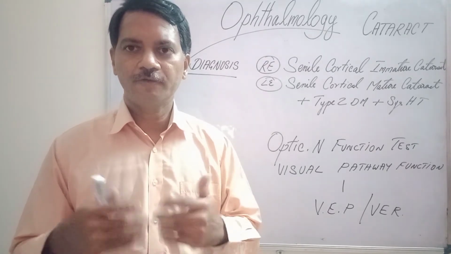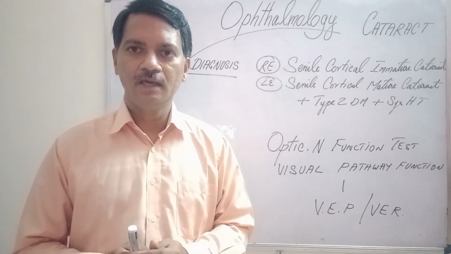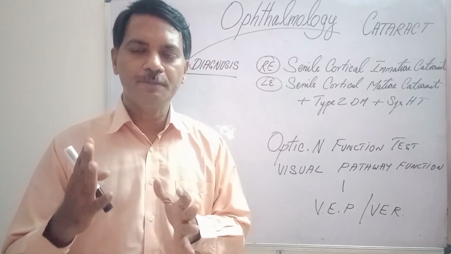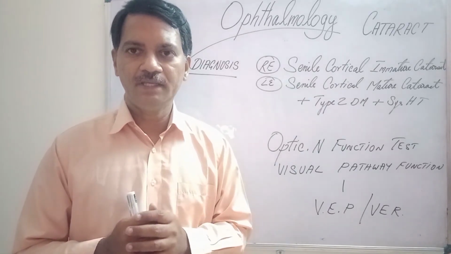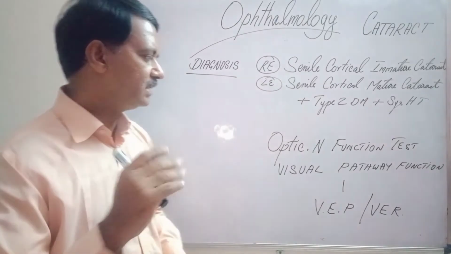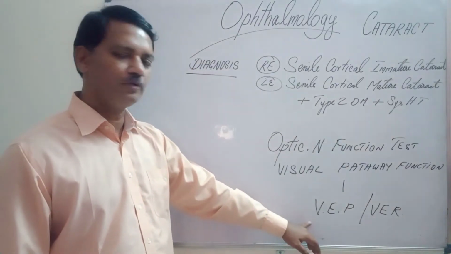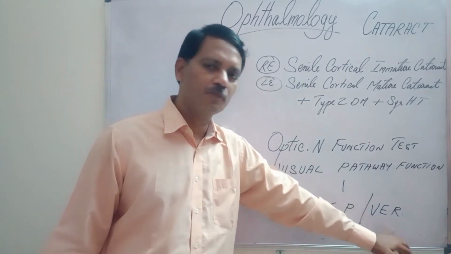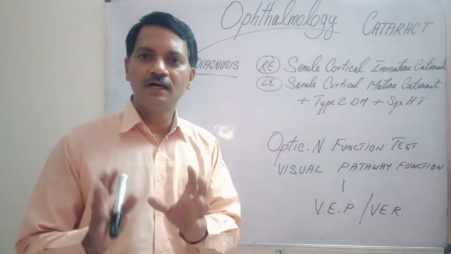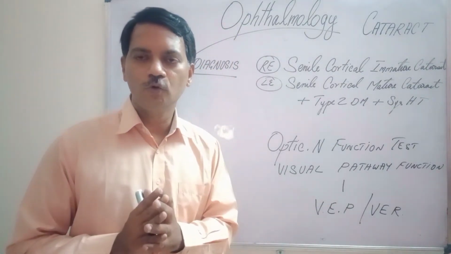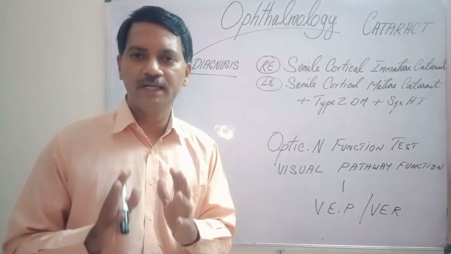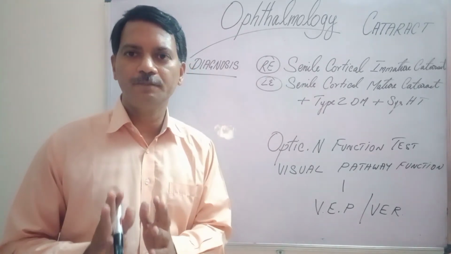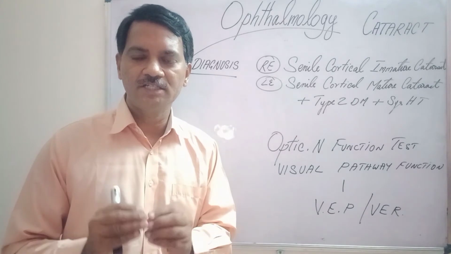The optic nerve function as well as the functioning of the visual pathway can be assessed using a test called the visually evoked potential or visually evoked response. This is a nerve conduction study to find out whether the optic nerve and the visual pathway are functioning normally or not.